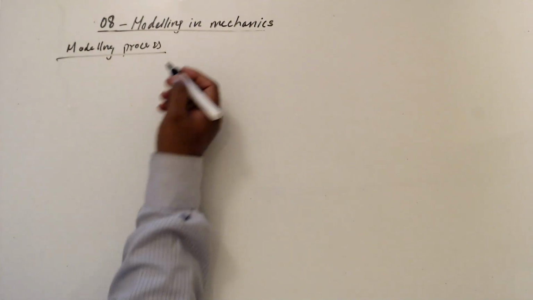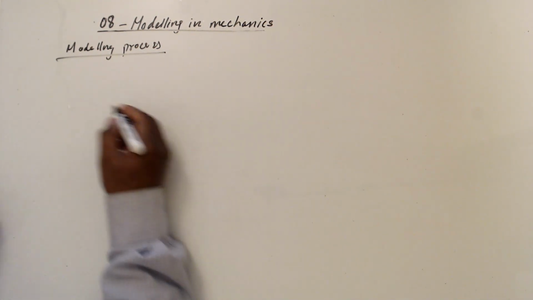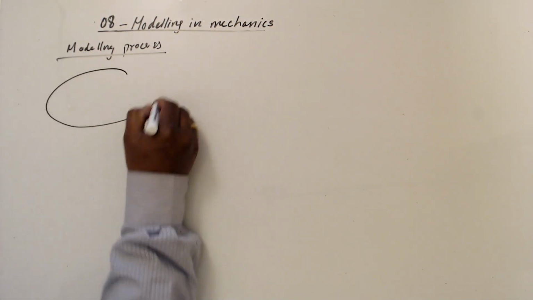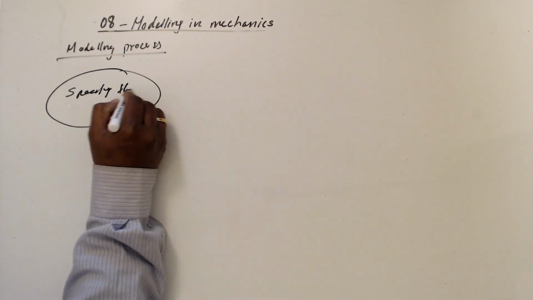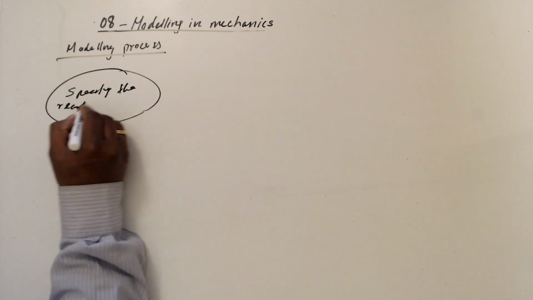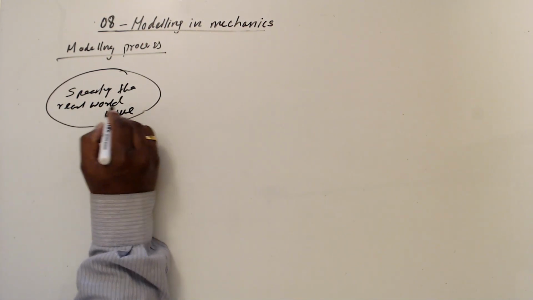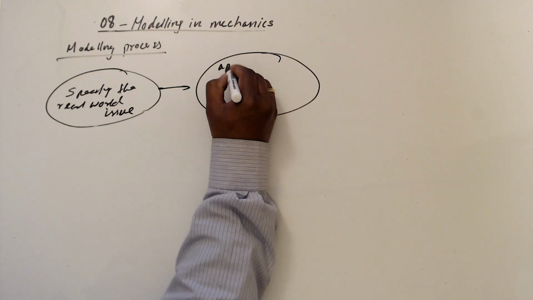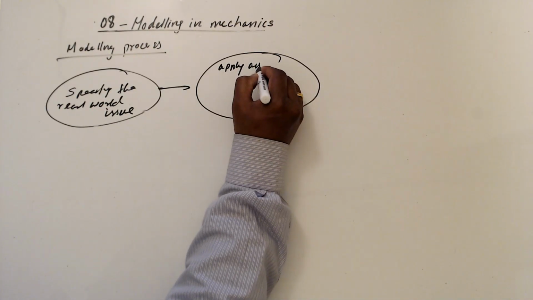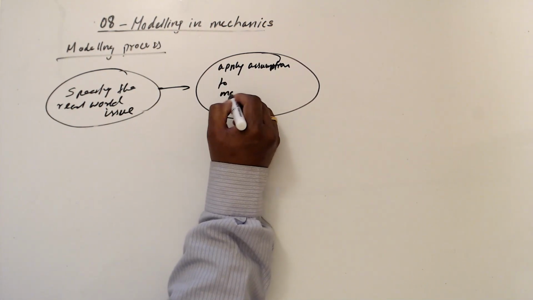Let's discuss the modeling process. Initially, we specify the problem, the real world issue. Then sometimes we apply assumptions to make it simple.